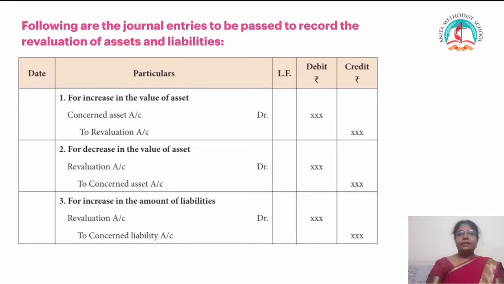Now we will see the journal entries to be passed to record the revaluation of assets and liabilities. First one is for increase in the value of an asset. The journal entry is concerned asset account debit to revaluation account. For the decrease in the value of an asset, revaluation account debit to the concerned asset account.